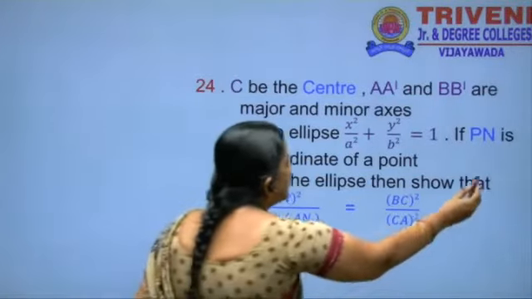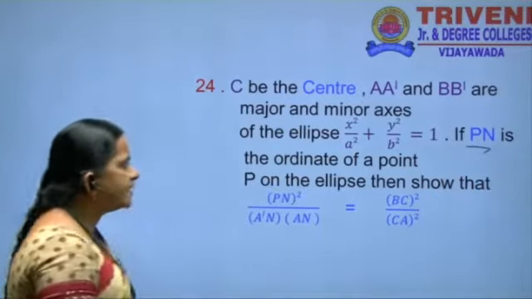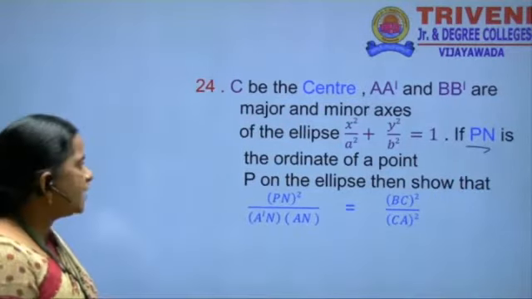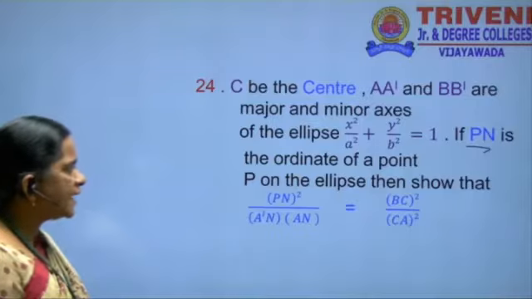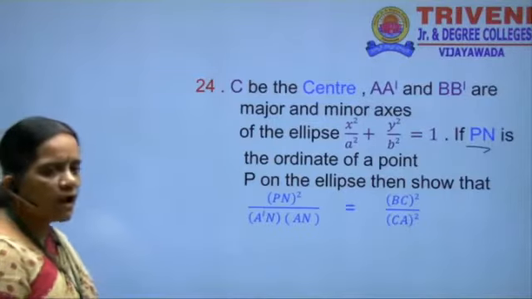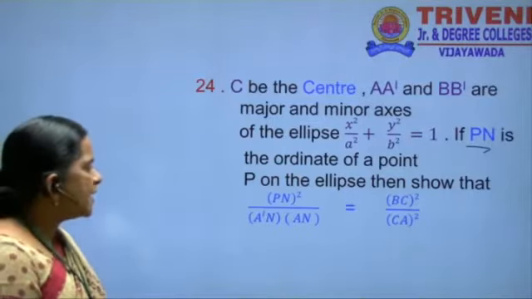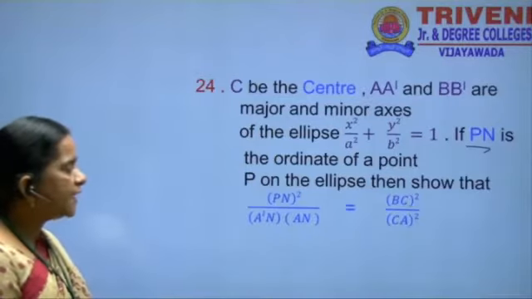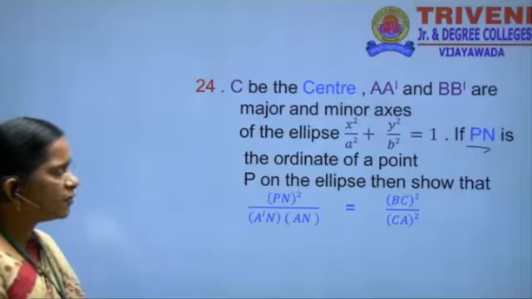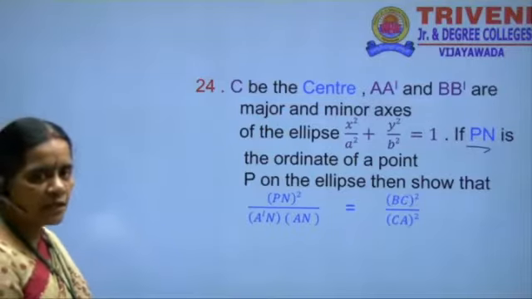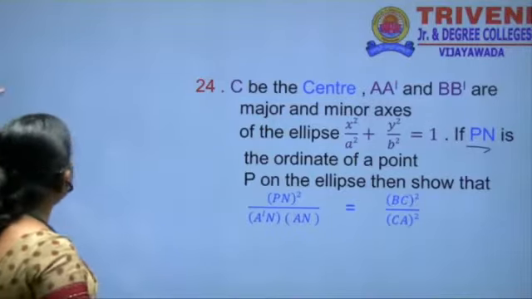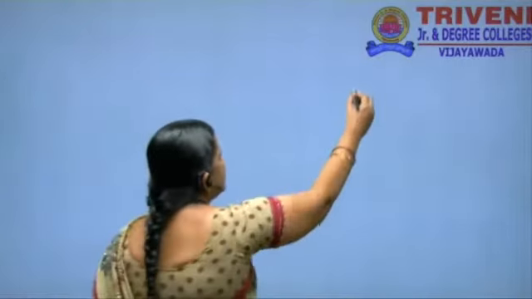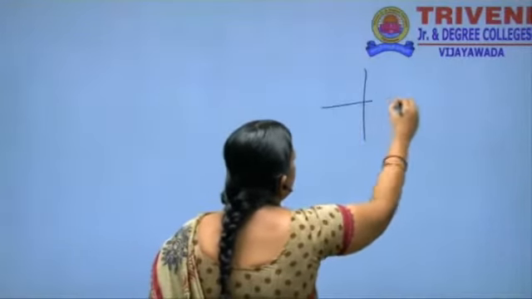Here PN is the ordinate of a point P on the ellipse. Then show that PN whole square is equal to A dash N into AN, which is equal to BC whole square by CA whole square. Suppose an ellipse is there. These are the x and y axes.